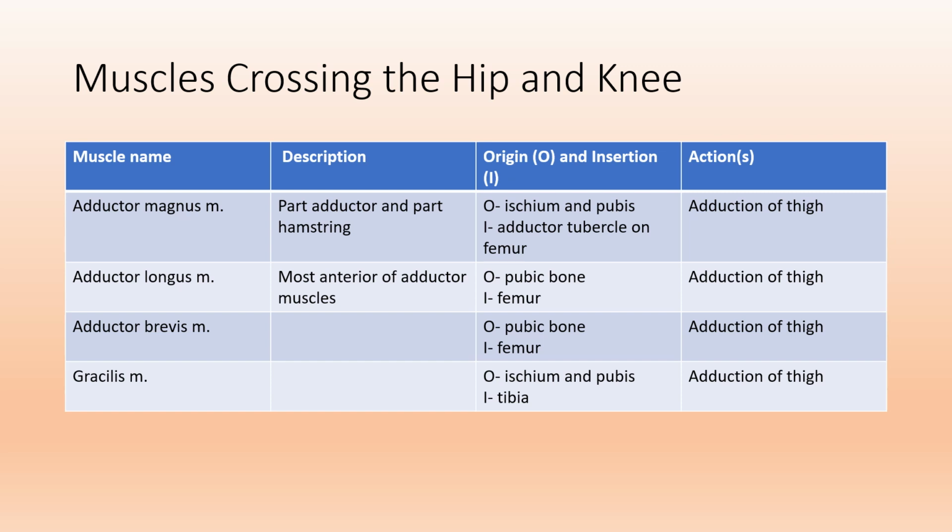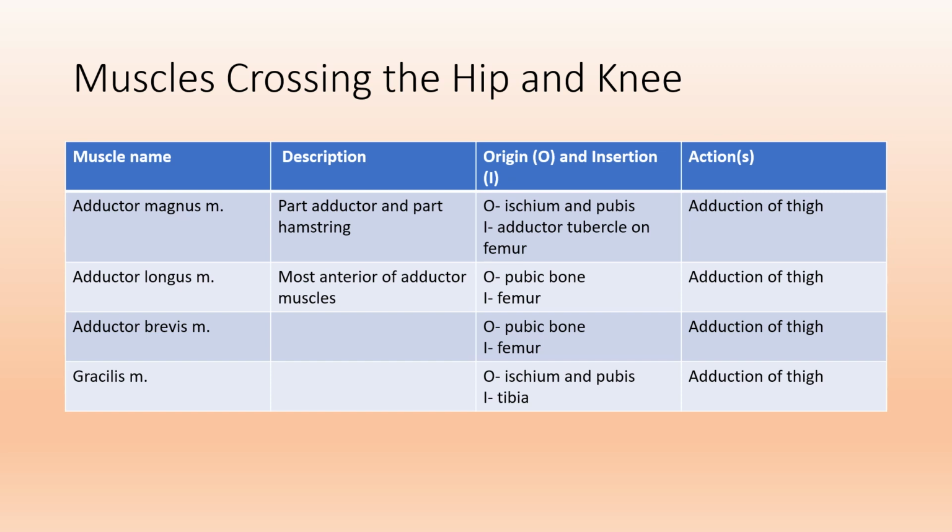Now we will actually move into the thigh. The muscles listed here make up the medial compartment, or the inner thigh. And lucky for you, most of them have the term adductor in their name, which probably means that they function in adduction. Adductor magnus, magnus meaning big.